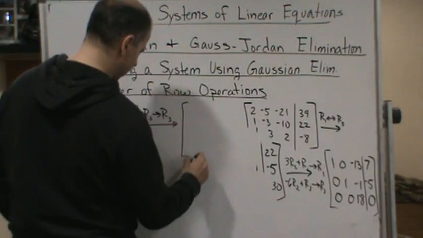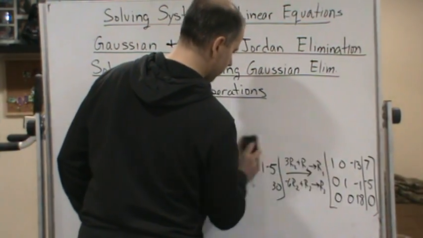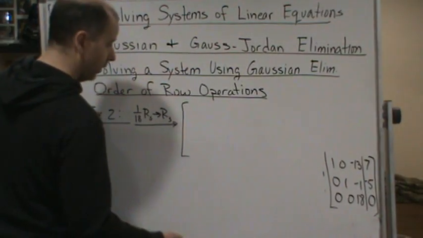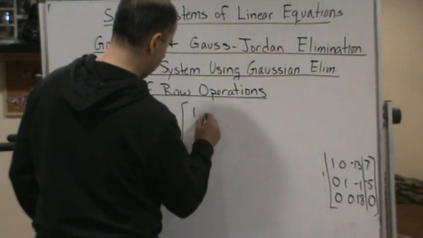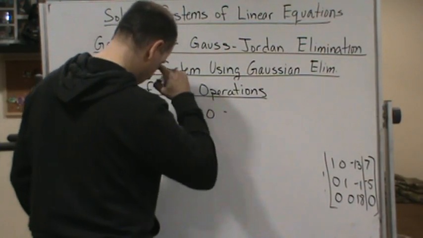So our final matrix, when it's all said and done, is going to end up being 1, 0, oh, hold on, we're not done yet.